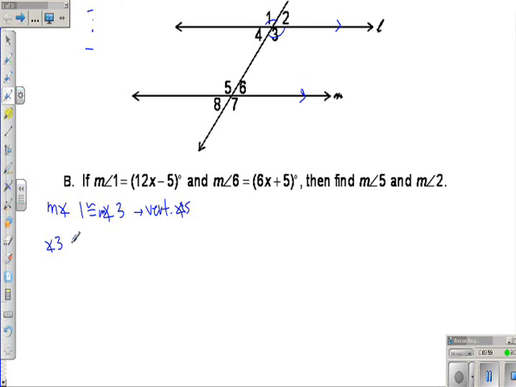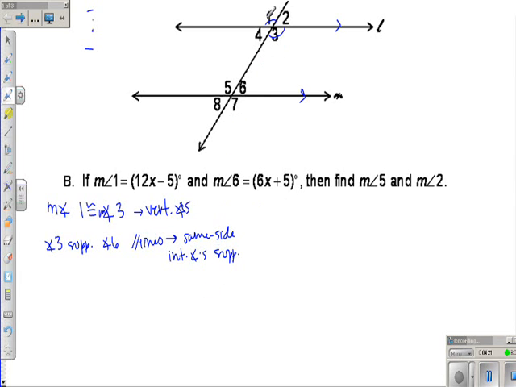So angle 3 is supplementary to angle 6 because parallel lines mean same side interior angles are supplementary. Okay?